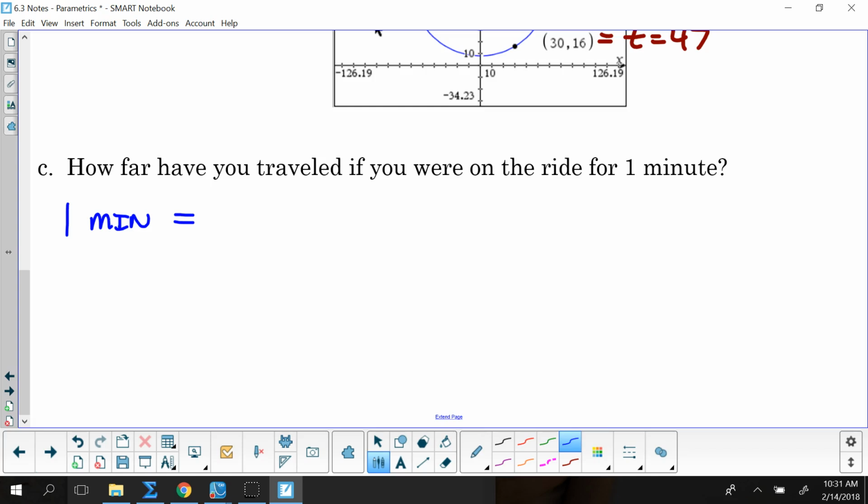Because I take my time and I divide it by my period, and that's going to give me my revolutions. So 60 seconds divided by 12 seconds is 5 revolutions.